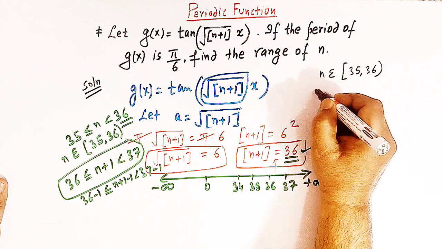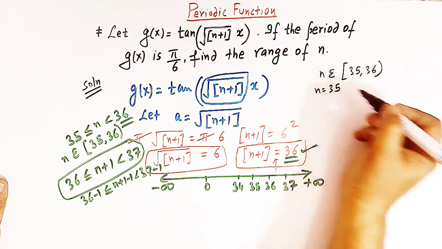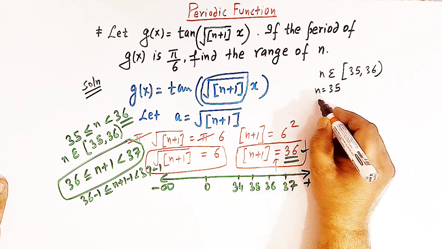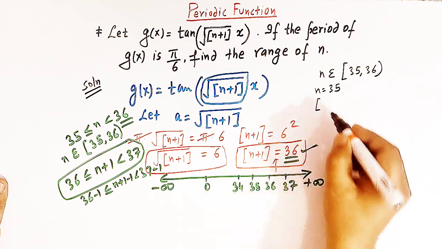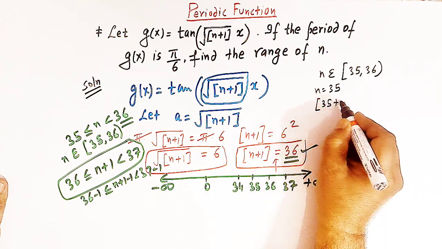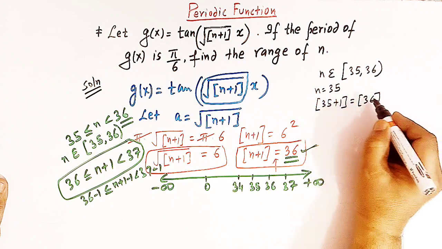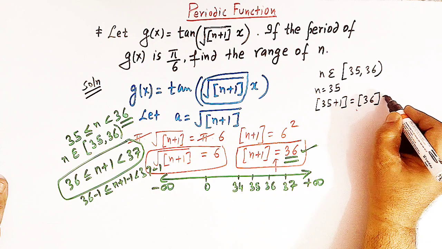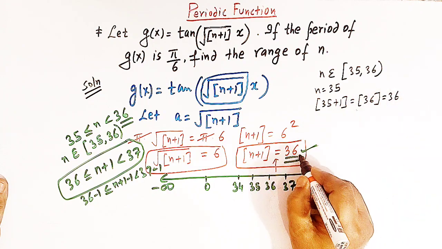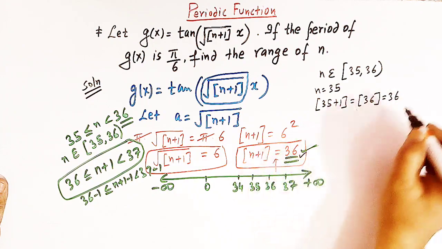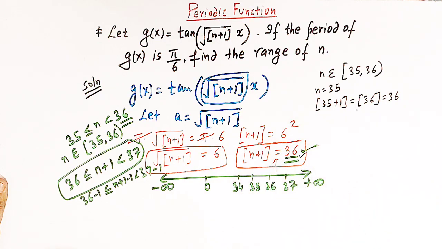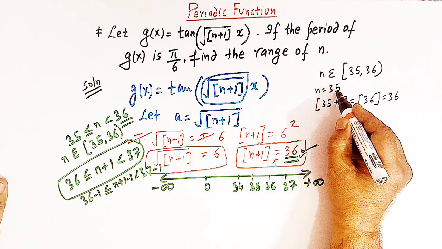For example, if we take n equal to 35 in this equation, then we have the greatest integer of 35 plus 1, which is the greatest integer of 36, and that is 36, equal to the right hand side, right?